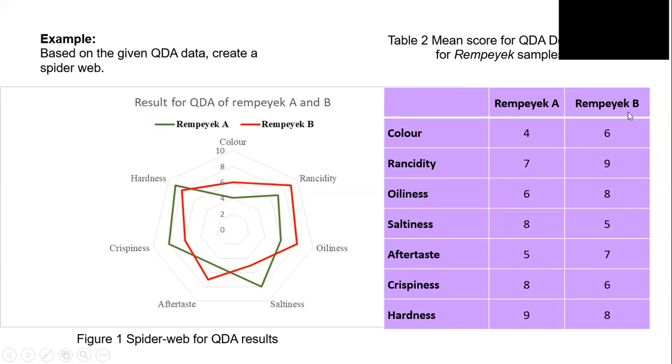If the samples are more than 2, you must run the ANOVA, then only you know whether there is a significant difference or not in terms of every single attribute between the 2 different rempeyek. So this is the mean actually. For example, we have 15 readings. So we sum up and find the mean. The mean score here will be used to create this nice spider web, because the spider web will help you join all the attributes and compare between samples.